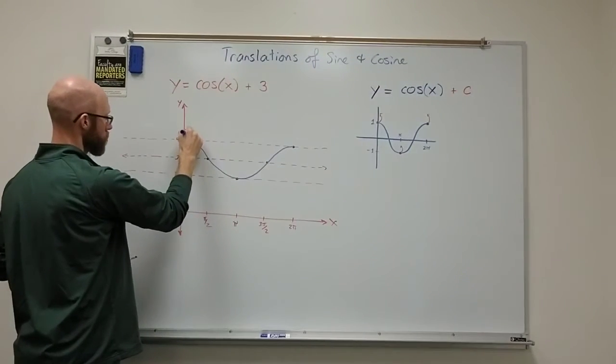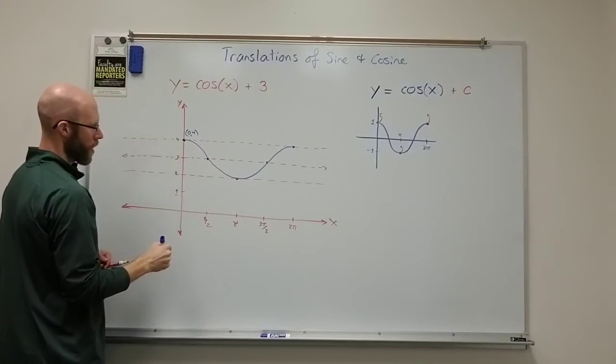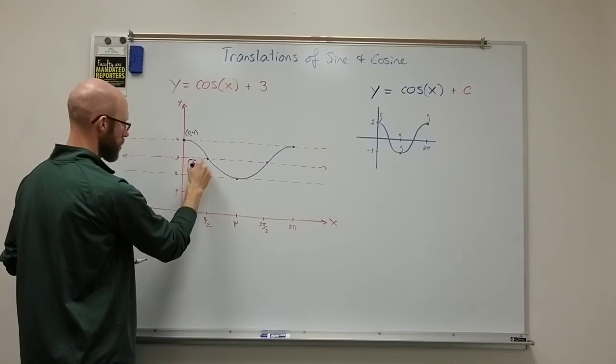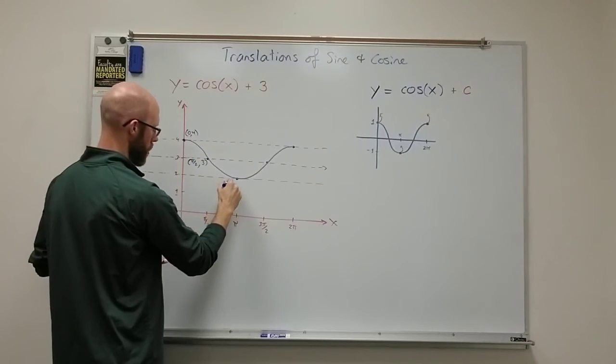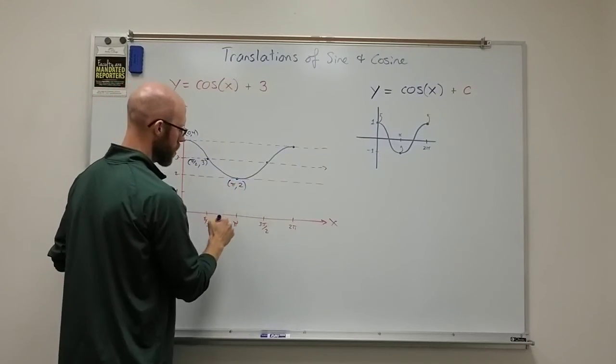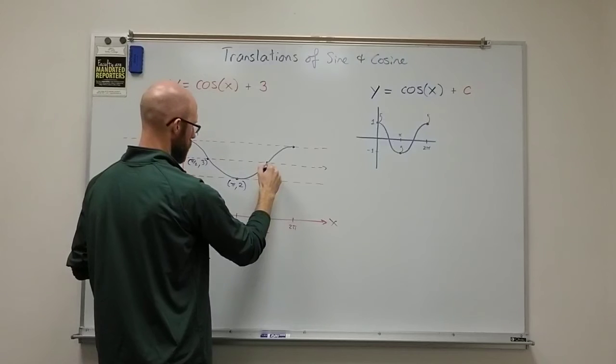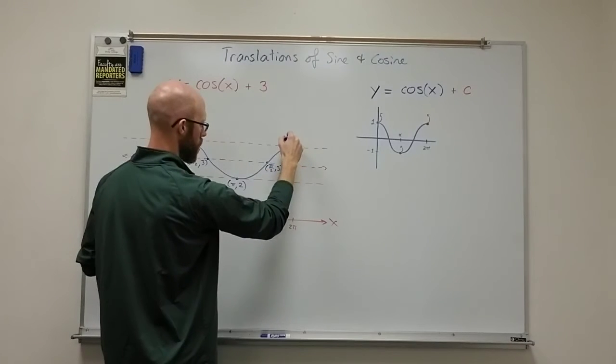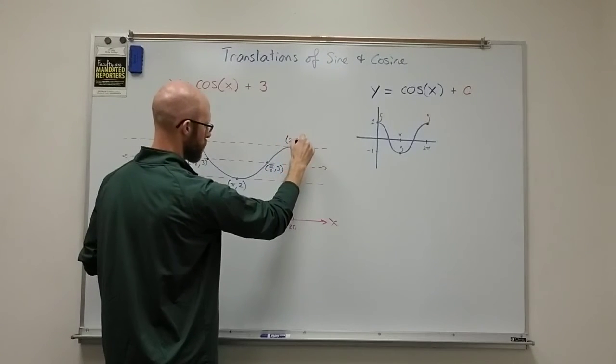So here we have 0, 4. The next one here would be pi over 2, 3. And then pi, 2. This would be 3 pi over 2, 3. And 2 pi, 4.